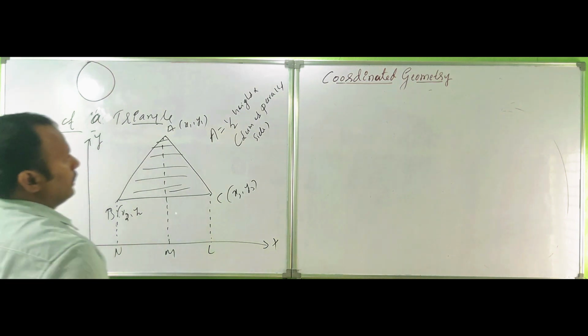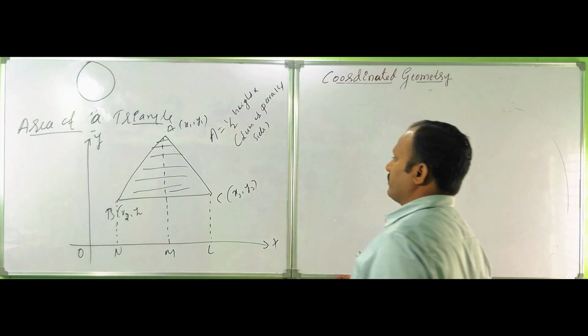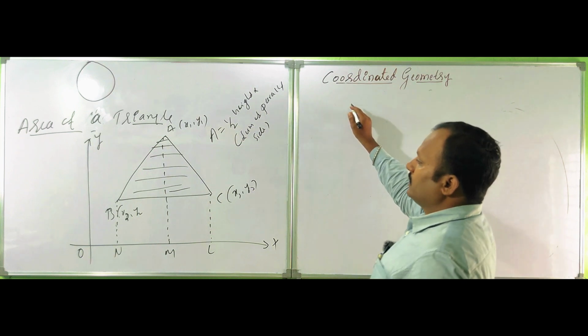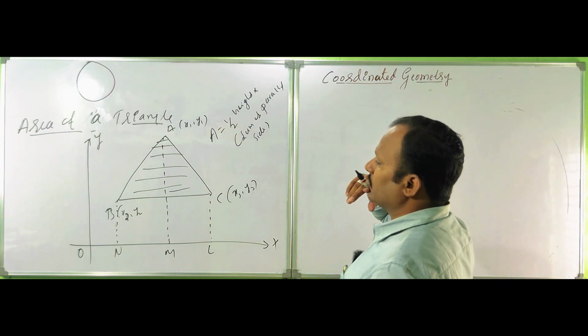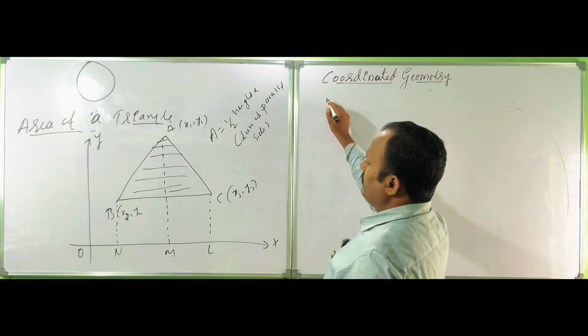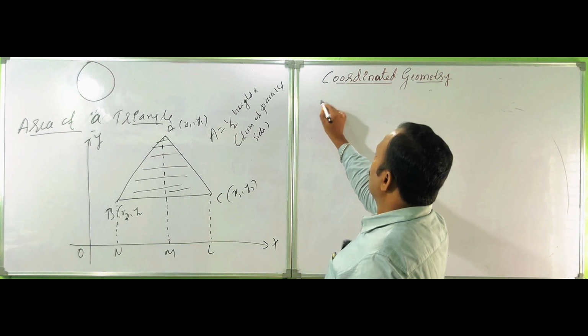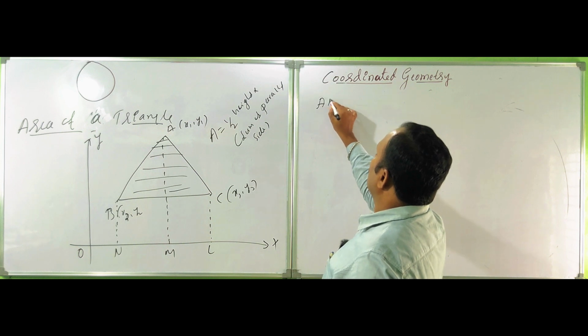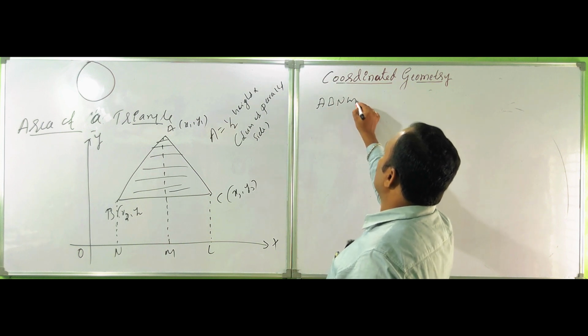Here we already see three trapeziums. What are they? First one, ABNM.